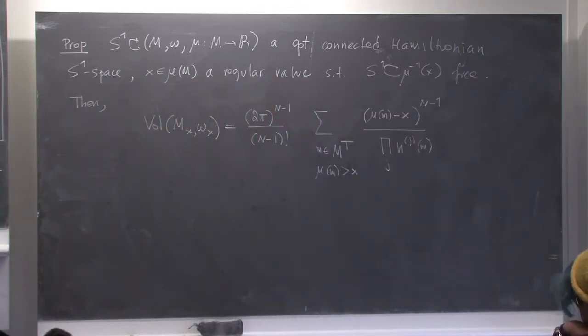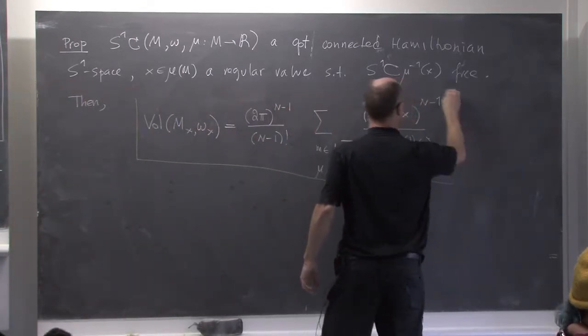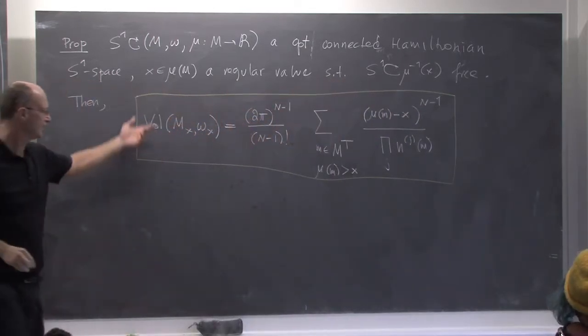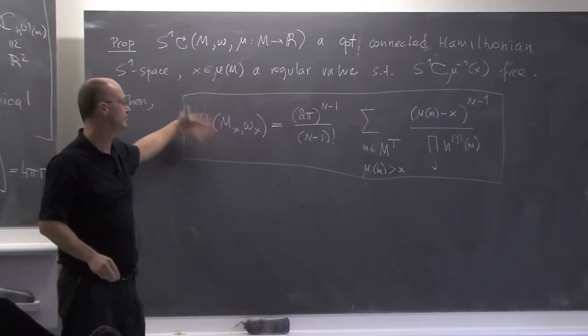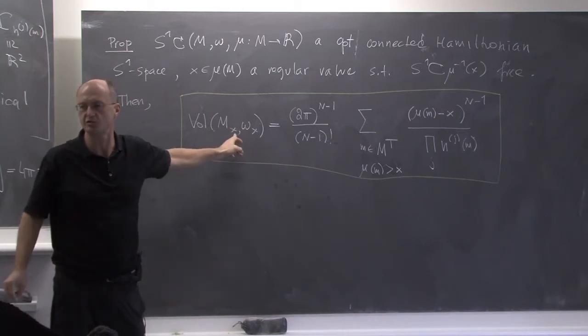Again, that's the simplest case of such a formula, but I think it tells you that you can completely control, in this case, the information about quotients, for instance, such as those volume functions.